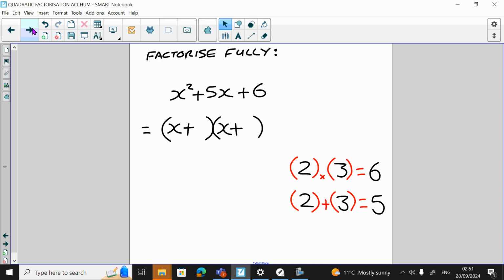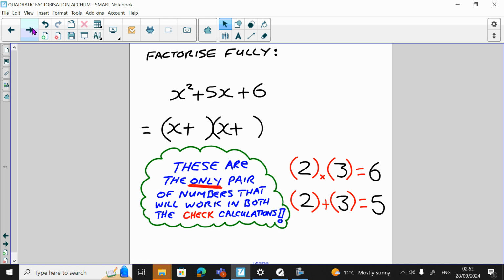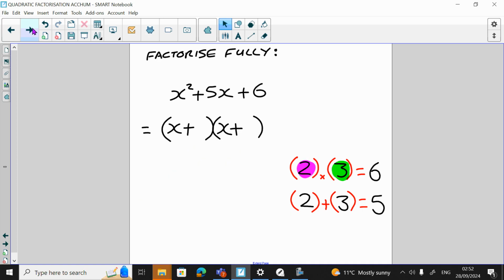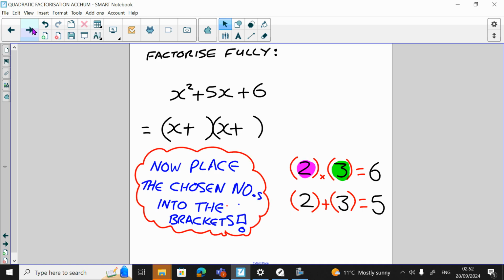Right, okay. So now that we've established that the checks work, we just need to put them into the brackets after the plus signs. Because we've established our plus signs, the numbers are positive. And like I was saying, I'm just re-emphasising, these are the only pair that will work. Put them in.